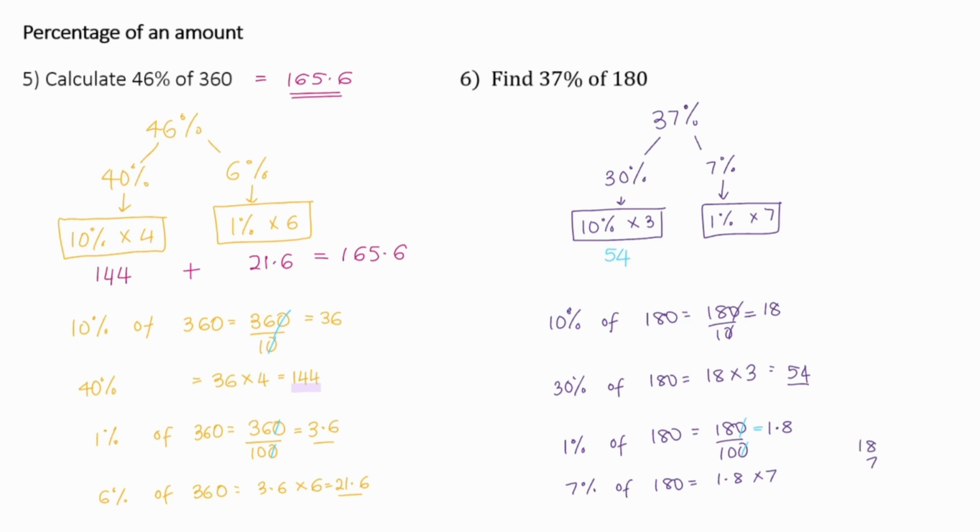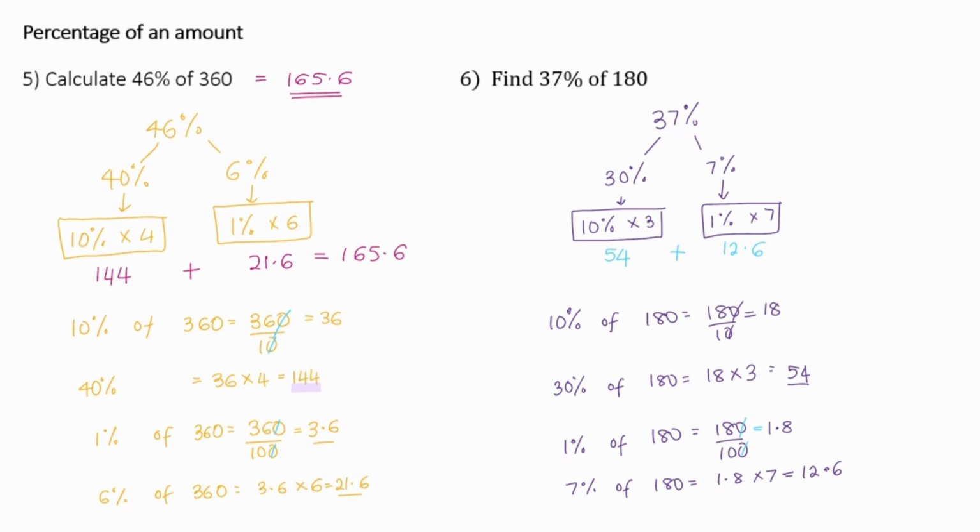So we can work that out by doing 18 times 7, which gives us 126. So because it is 1.8 and not 18, we can move the decimal place back, which will give us 12.6. So 7% of 180 is 12.6.